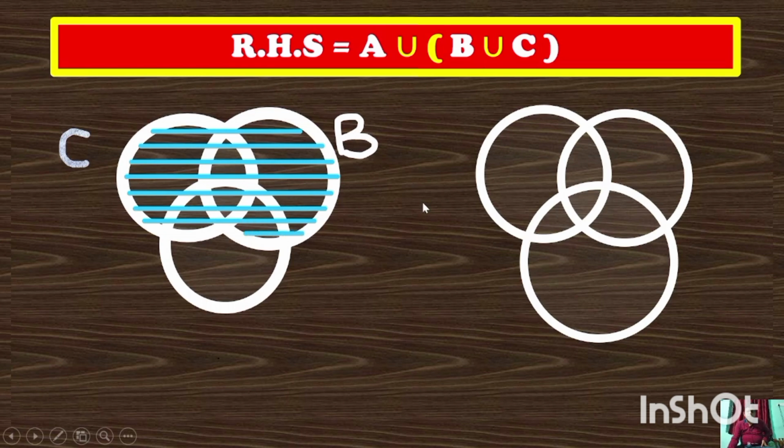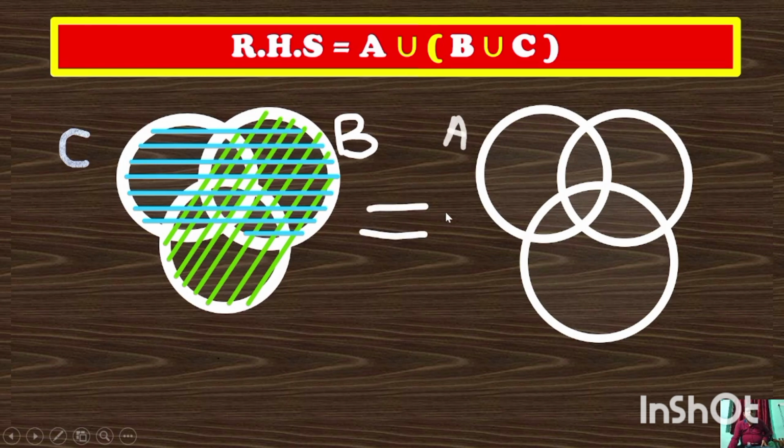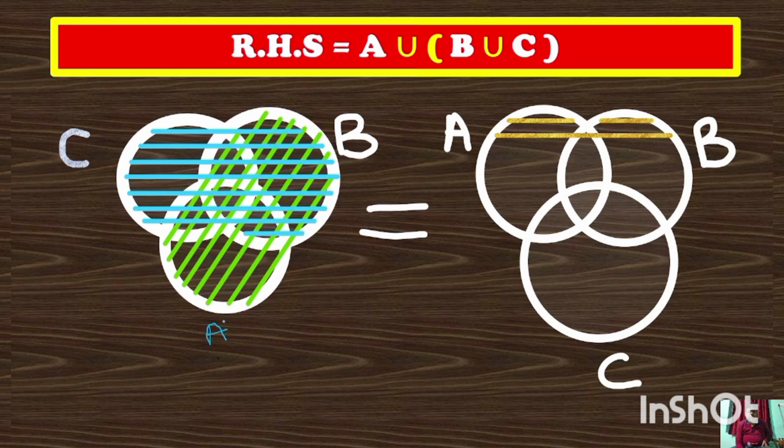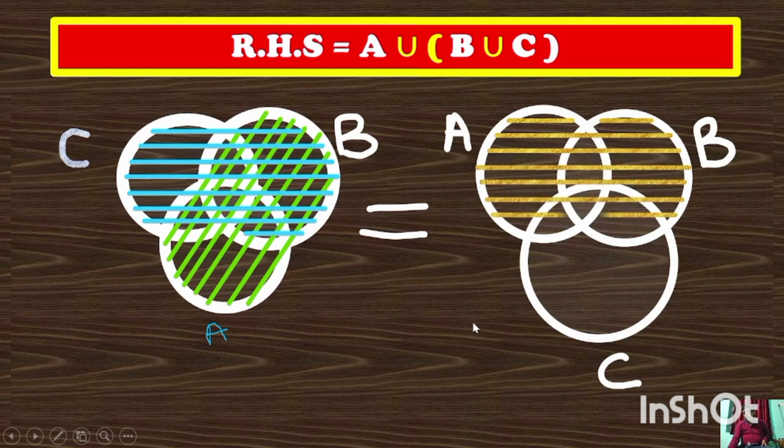Then you take the union with A. And this side is A, this side is A. So the entire shaded portion of ABC, finally it is clearly understood that in both cases LHS equals RHS.